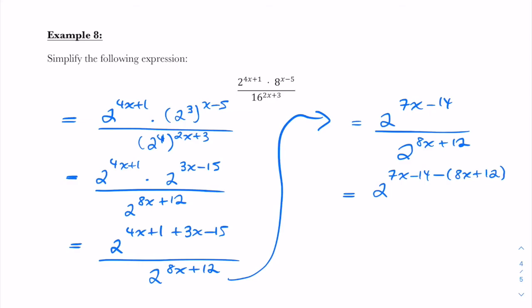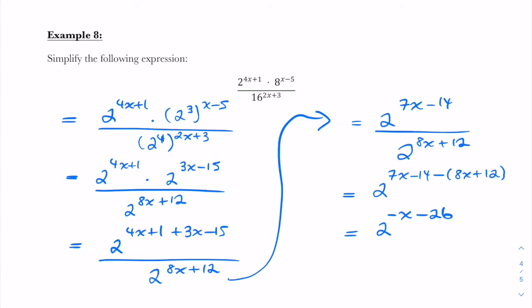Almost there. Collect your like terms and you're done. So 7x take away 8x is negative x. Negative 14 take away 12 is negative 26.